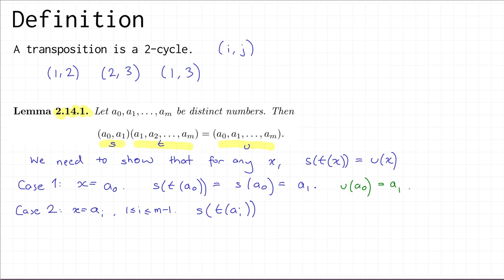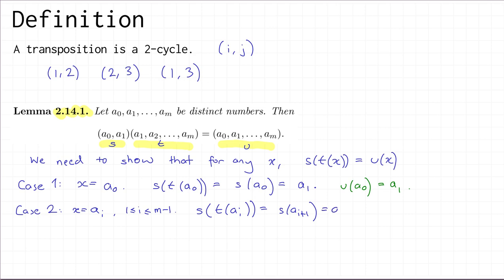Well, T of ai in this case will be a(i+1), because i is less than m, so we're not going back to the start in T. And a(i+1), well, i+1 is 2 or 3 or 4 up to m, so it's not a0 or a1.